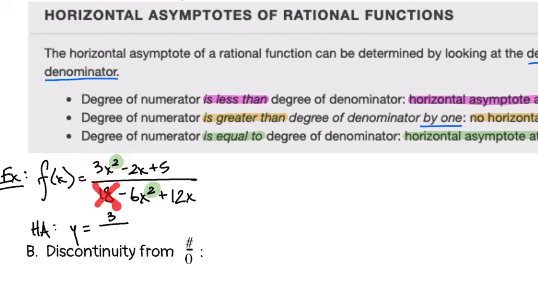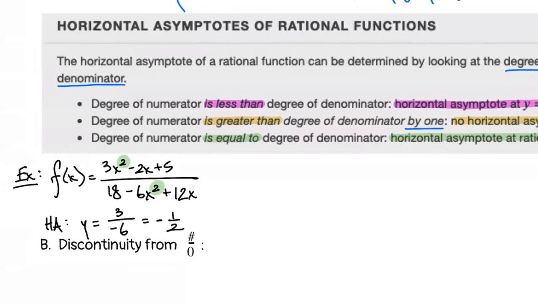But the reason why we don't want to choose 18, even though it's in the front, is because we need to pick the coefficient of the x squared term, meaning we want to choose a -6, not just the first one we see. It's the coefficient of the highest degree term, so -6. And we could simplify this and say the horizontal asymptote is going to be at y equals -1/2.